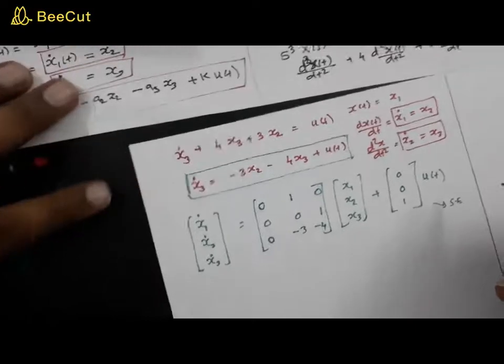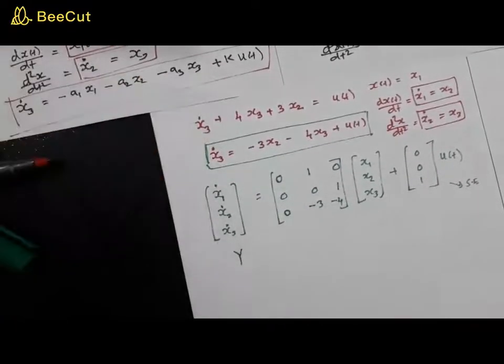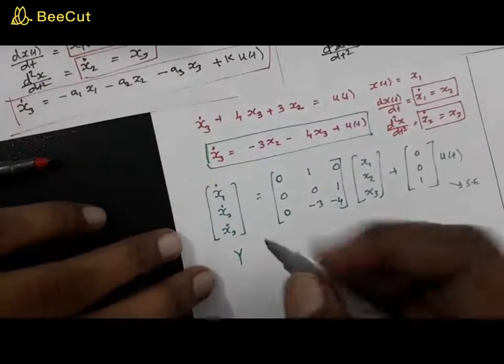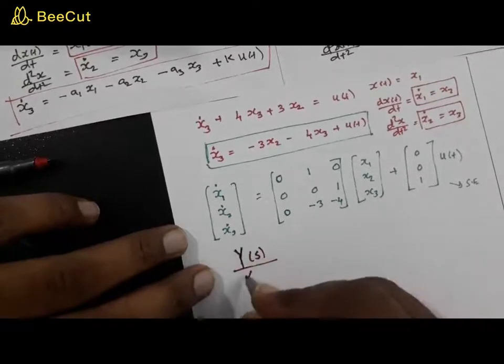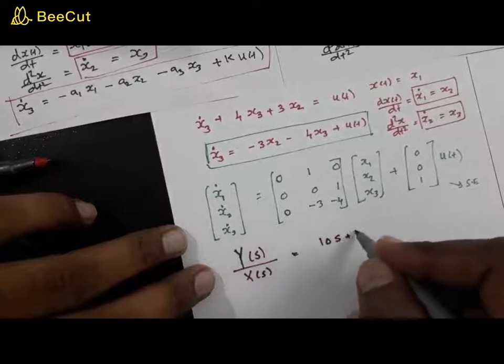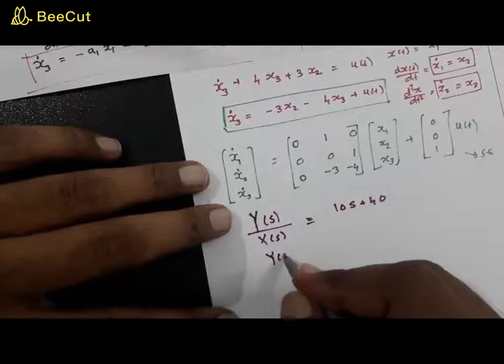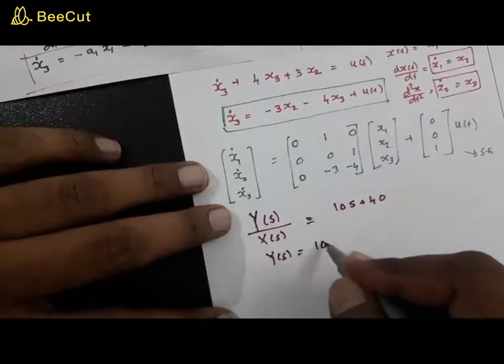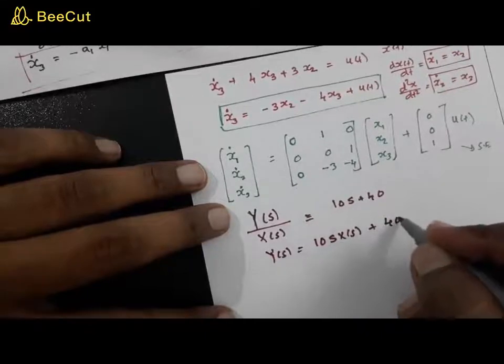Now how to find y(t)? Y(t) will be obtained from Y(s) by X(s), which is equal to 10s plus 40. So Y(s) is equal to 10s X(s) plus 40 X(s).